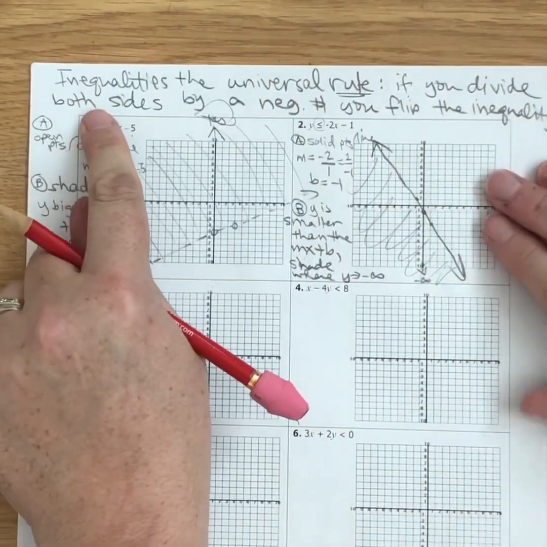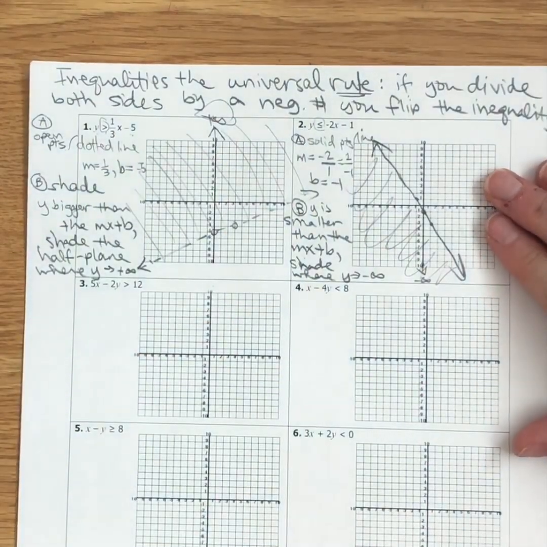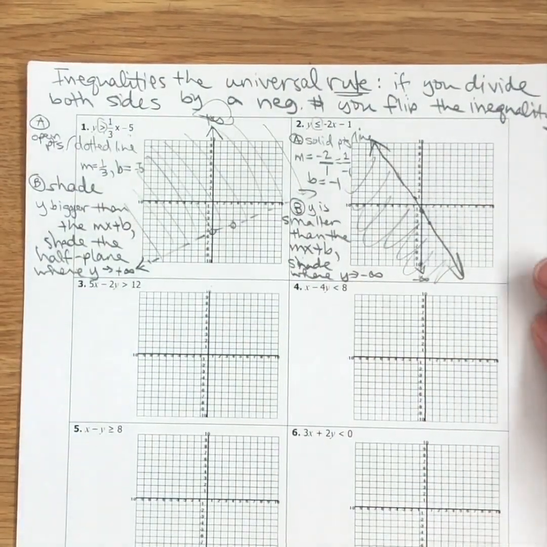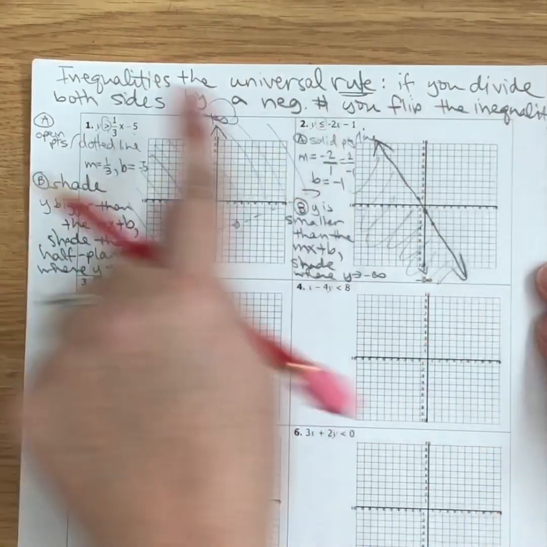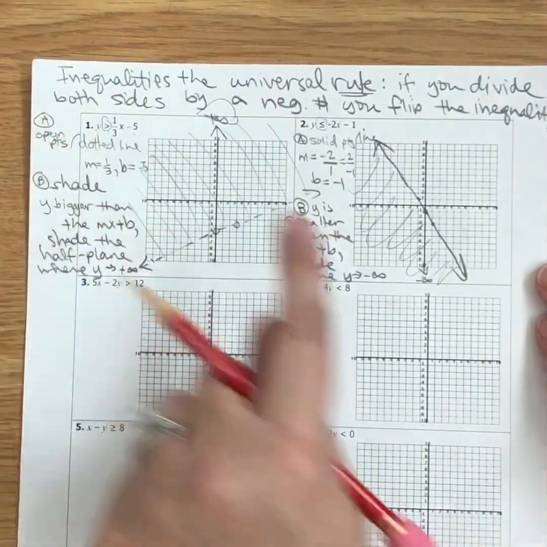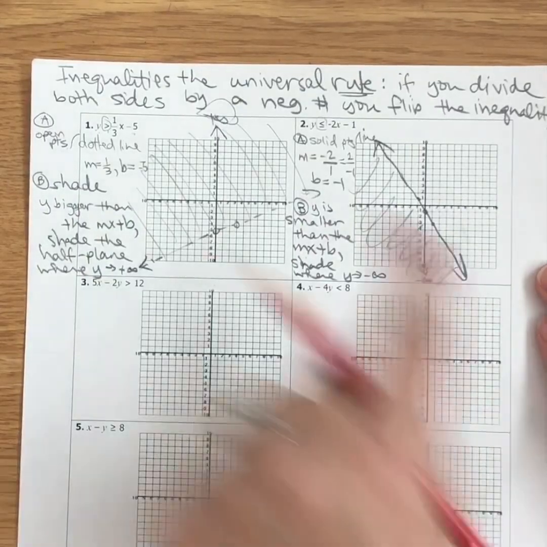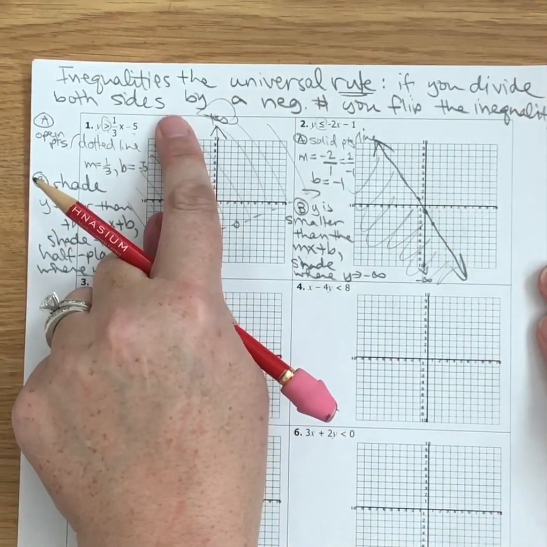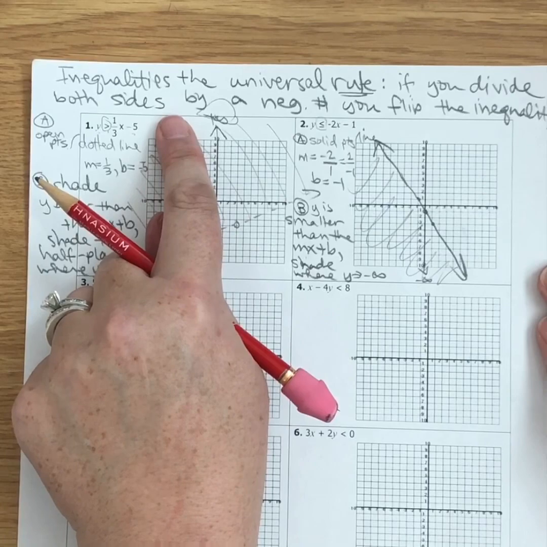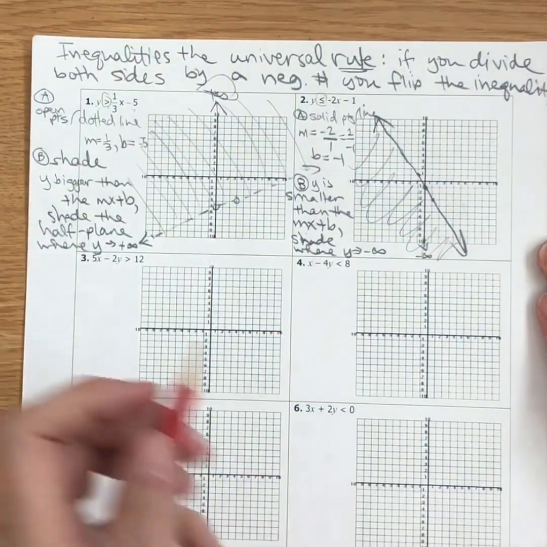Basically this is review from quarter 1. No matter what type of problem it is, if there's an inequality, this rule holds true. And you'll know that from here on out through geometry, algebra 2, pre-calc, calculus, everything.